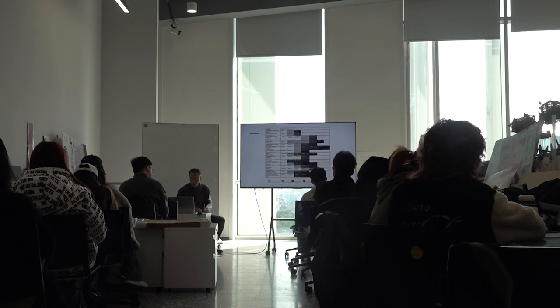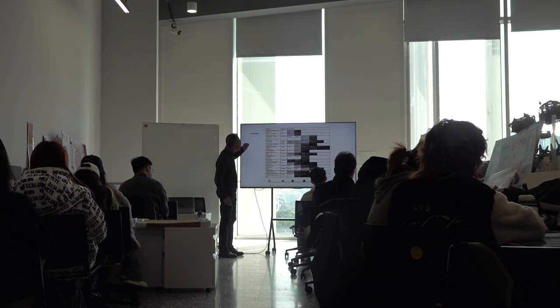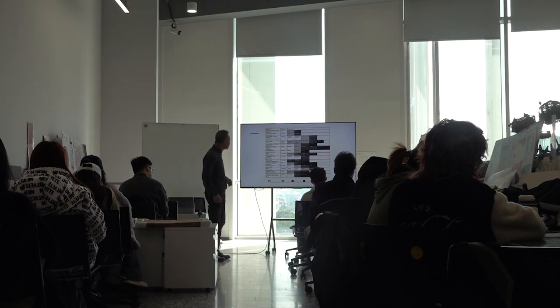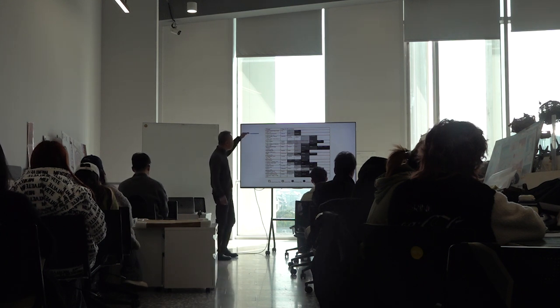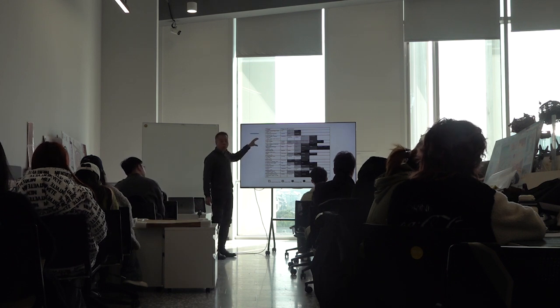But of course, there are others. I don't know whether it's possible to see clearly. I think it's a little small, and when you project it, it's a little hard to see. But in these charts, different fields or disciplines use different models.